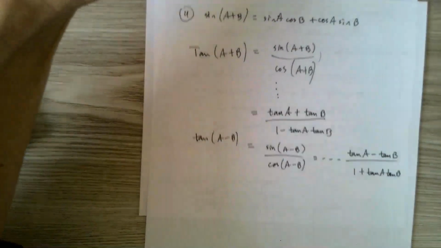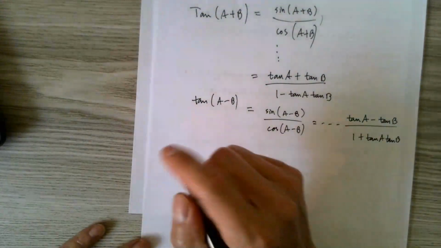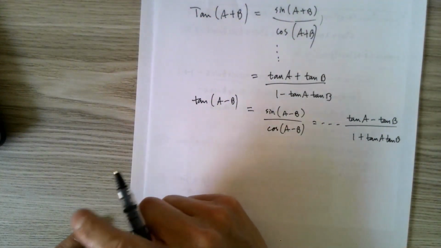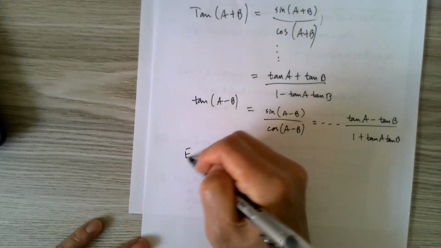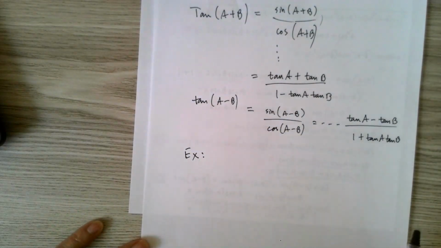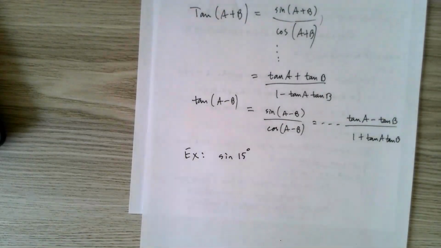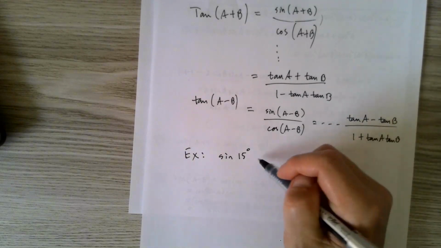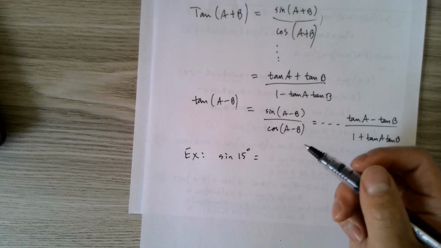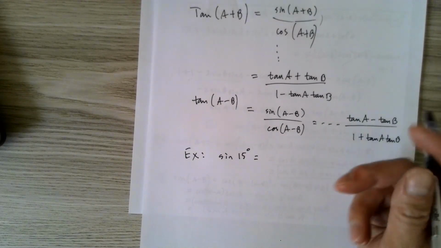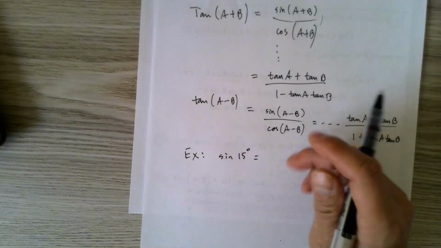Now here's a couple of examples. This group of identities is quite practical, actually. You don't just use it to prove other identities. For example, if I wanted the sine of a weird angle that is not normally memorized, like sine of 15 degrees, then one thing I can do is express the 15 degrees as a sum or difference of two other angles.